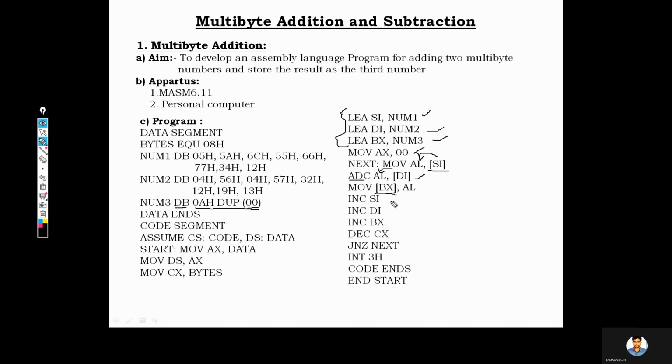Next, INC SI. So why am I incrementing here? If you observe, you need to try to draw some structure like this so that you can understand clearly. Since we are talking about num1, num2, num3, all are arrays of values.